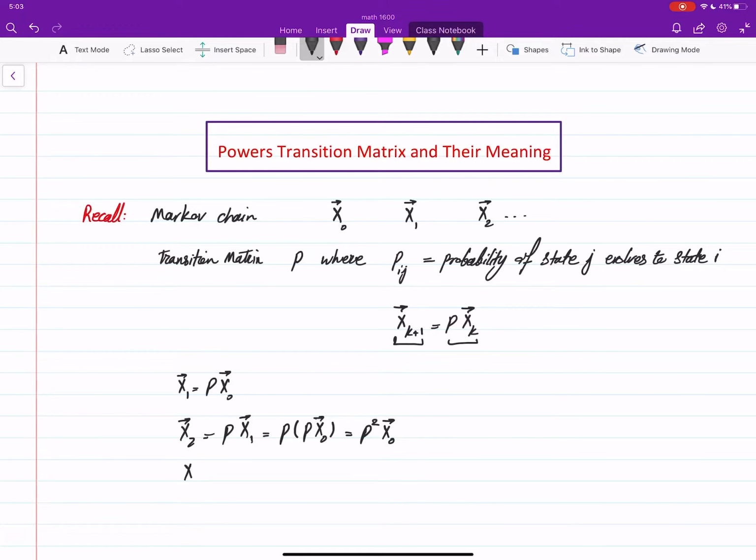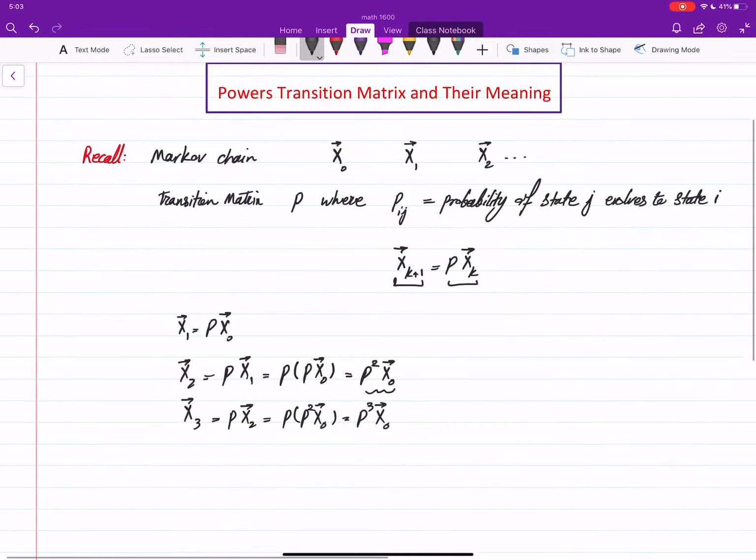How about x3? Well, we have P times x2, while x2 itself is P squared times x0. So that gives us P cubed x0.